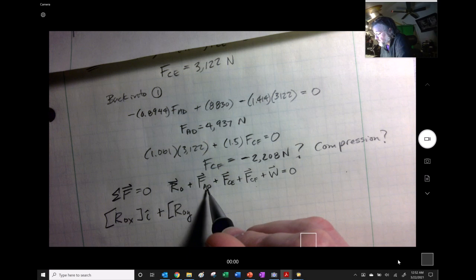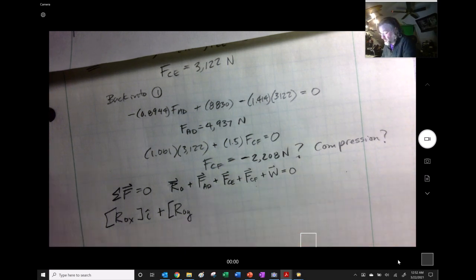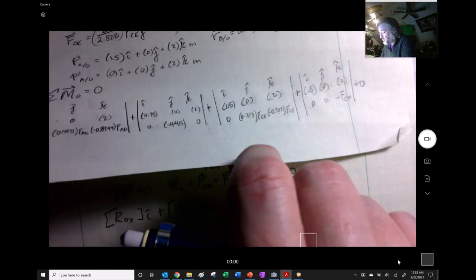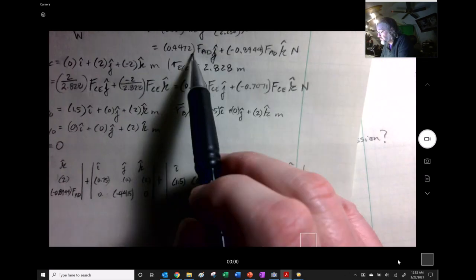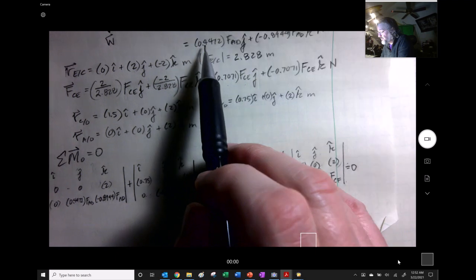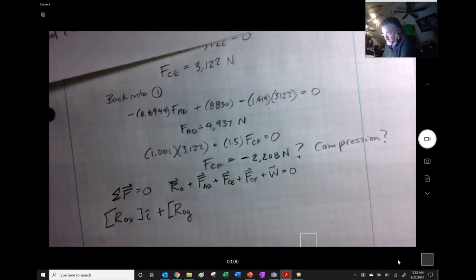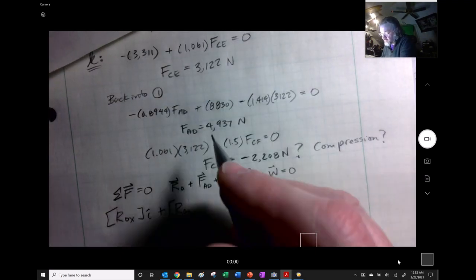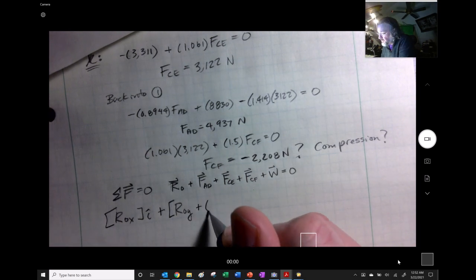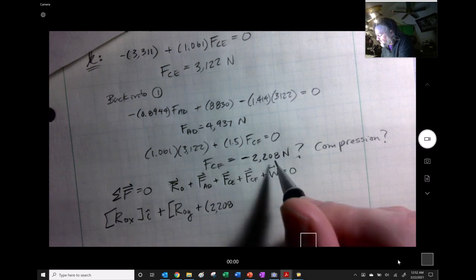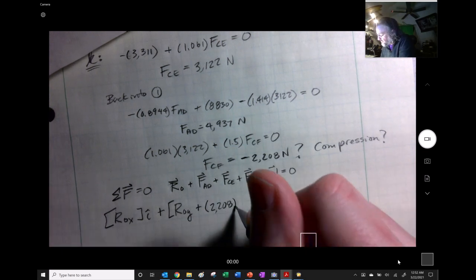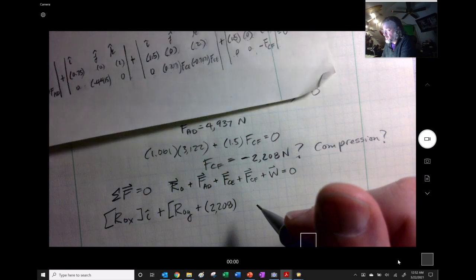All right. So in the y direction here, we got FAD, which is 4937, but as a vector here, we took 0.4472. And that was positive, so 2208, which is a familiar number there, huh? Look at that.